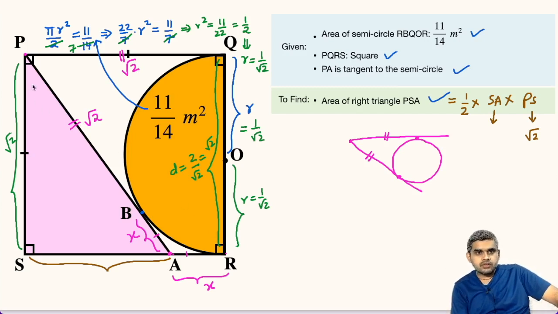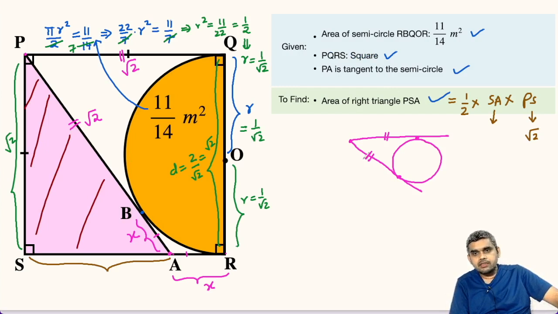Now let us focus on this triangle PSA. Let me draw it outside. This is vertex S, this is P, and this is A. The length of PS is root 2.